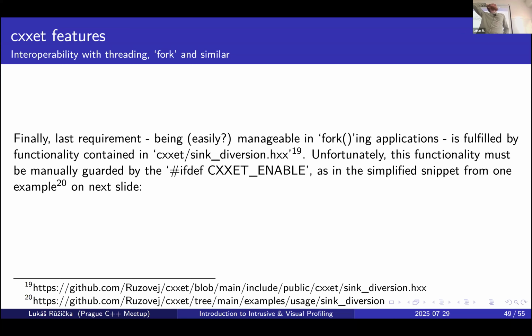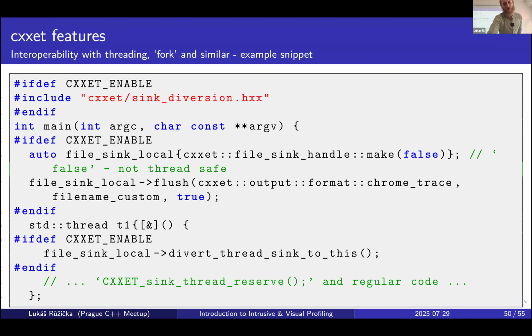I didn't think of any reasonable names for macros or how to do it with macros. So in this case, you have to resort to the old #ifdef with the enable macro, then you have the code for this thing, and then the #endif. Basically, you need to manage this yourself, and it's a bit of a mess, I would say.